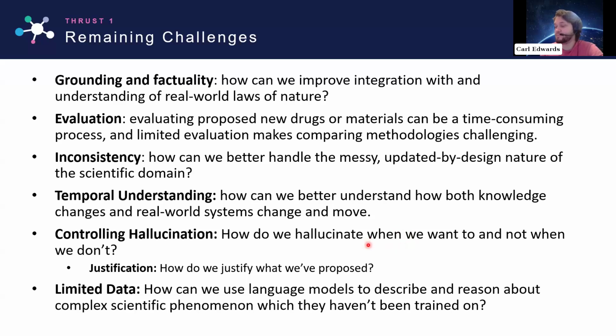And really, I think something to focus on here is justifying what we've proposed, right? So if we hallucinate a new molecule, we need to be able to say why we think it's the best one, or why it's really good. And then again, data is always a problem in the scientific domain.